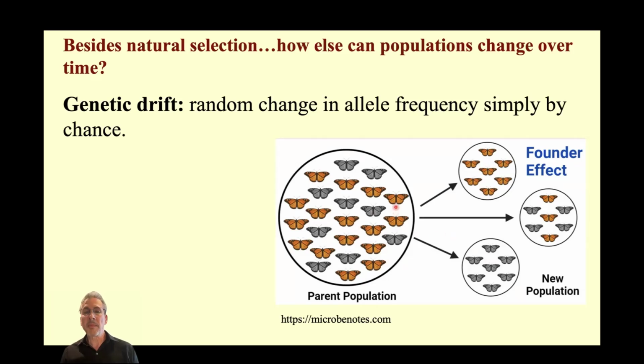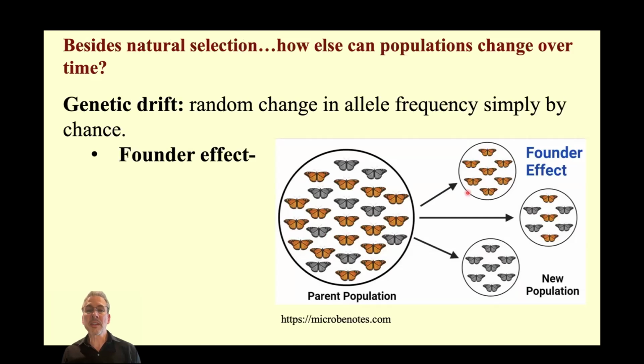It's possible that just a few of the orange butterflies go and colonize a new area, in which case perhaps all of the new population in that new area would be just orange, or maybe just some of the gray butterflies do the same thing, or you could have a mixture of gray and orange. But the point is you can see how whichever individuals colonize a new area is going to have a huge impact on the frequency of alleles in future generations.